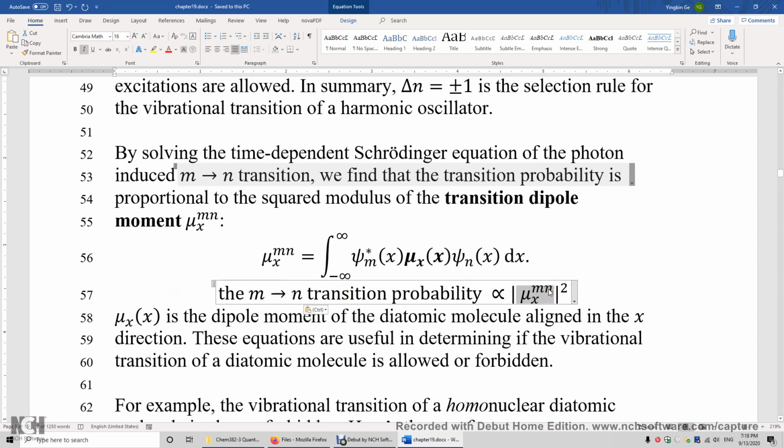If the transition dipole moment is non-zero, no matter if it's negative or positive or even a complex number or imaginary number, not a problem. The probability is positive because, again, this probability is proportional to the squared modulus of the transition dipole moment. So the only condition we need to satisfy is this transition dipole moment cannot be 0.